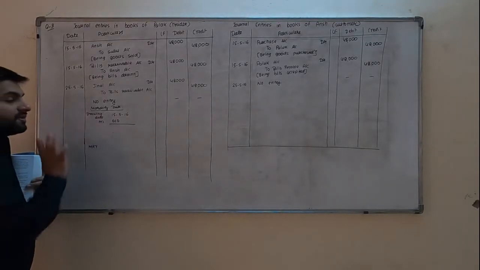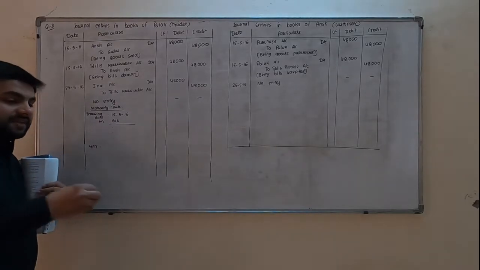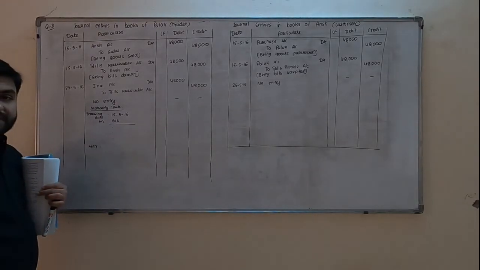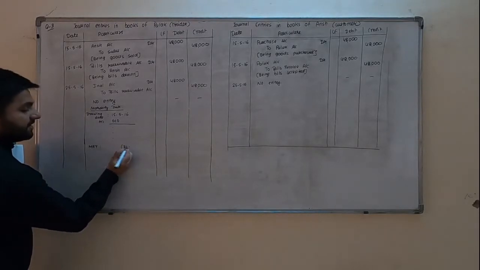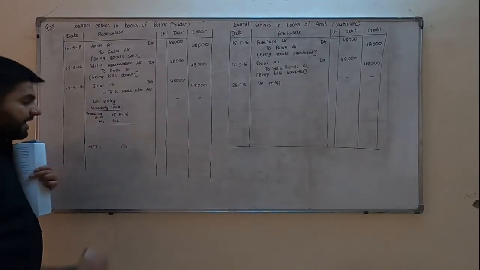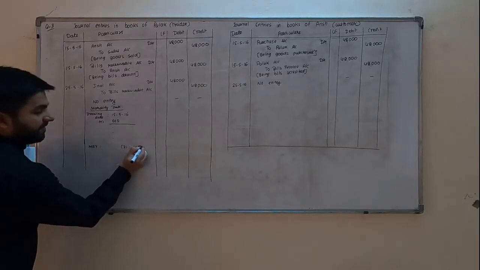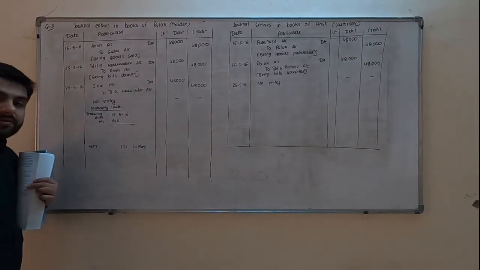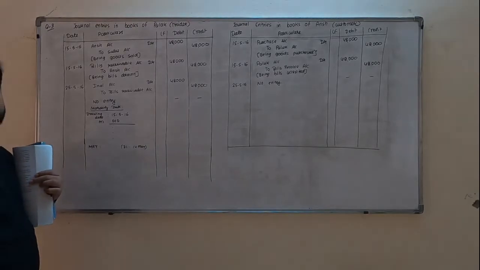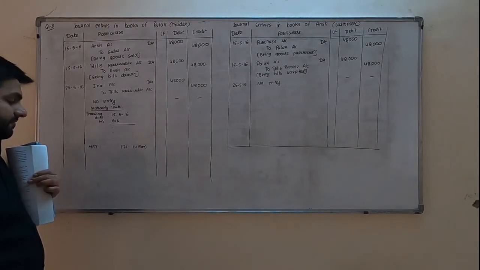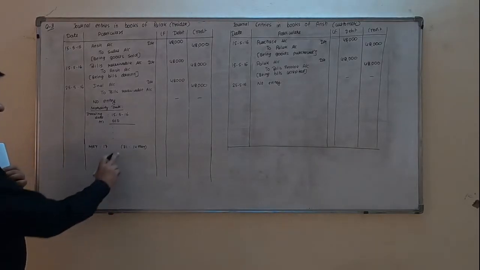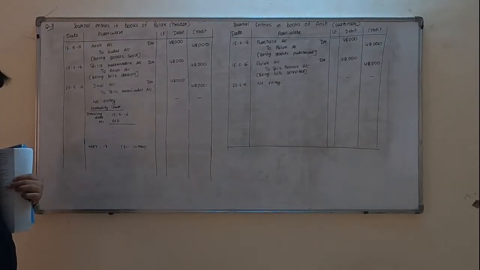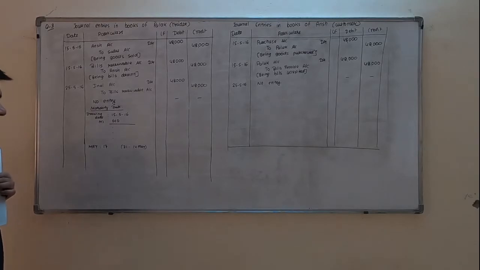We are drawing the bill on the 15th, so that date is counted. In May there are a total of 31 days minus 14. Why 14? Because the bill is drawn on the 15th, so the previous 14 days are not considered. So it would be 17 days: 31 minus 14 is 17.